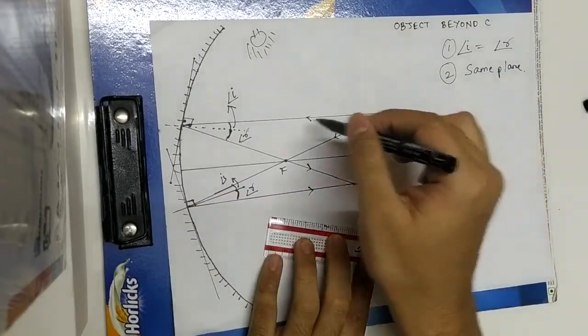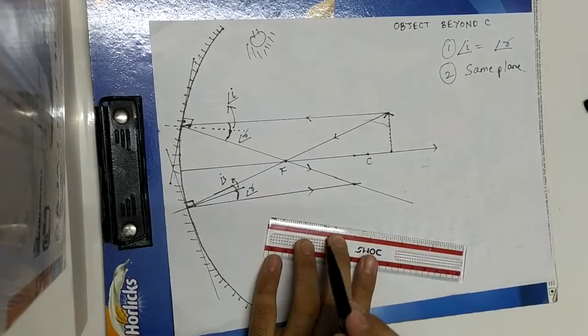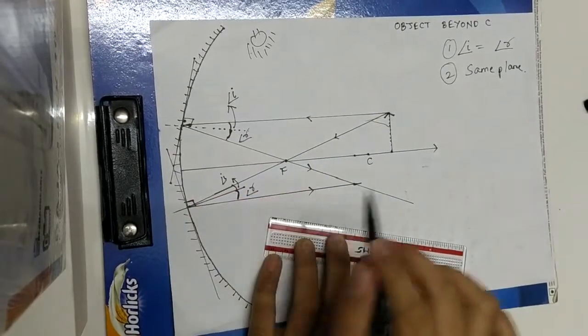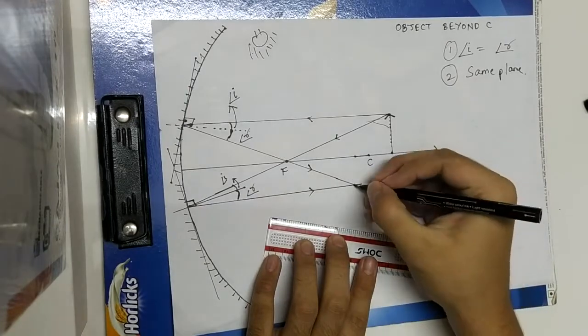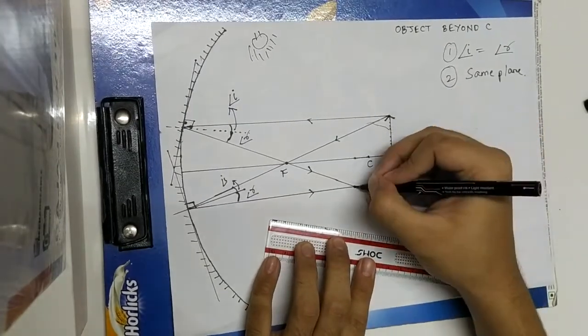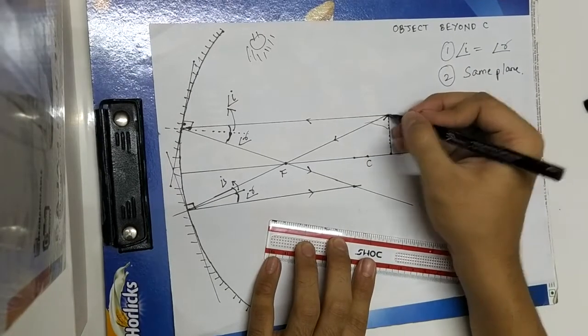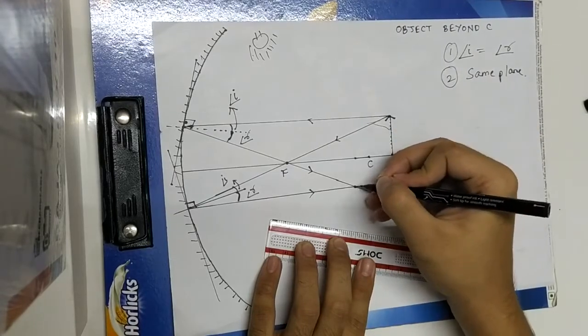A ray which is going from the object towards the mirror is the incident ray. The ray which is coming back after touching the mirror is the reflected ray. So wherever two reflected rays intersect, that's where the image will be formed. Now this is the point which is reflected from this point, so the top point of the arrow will appear here.